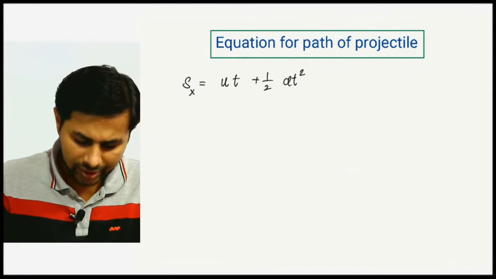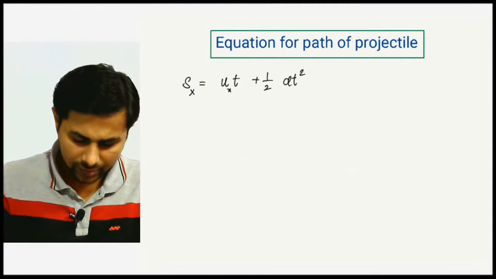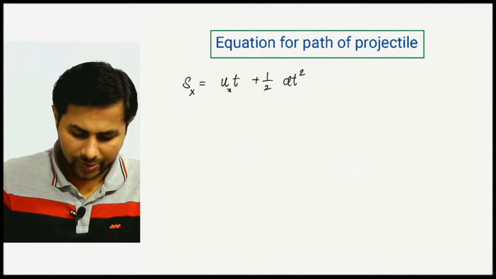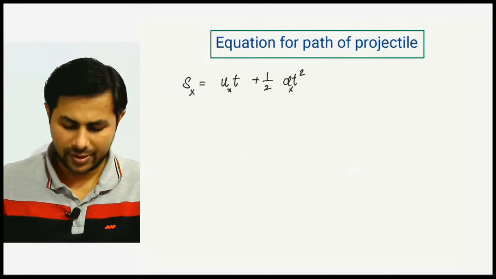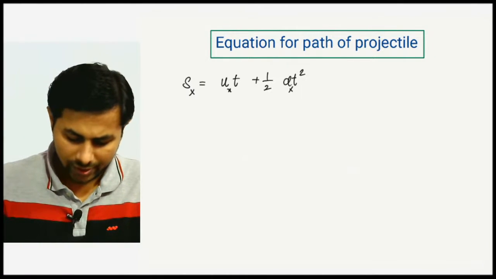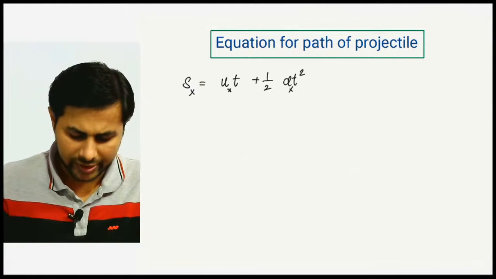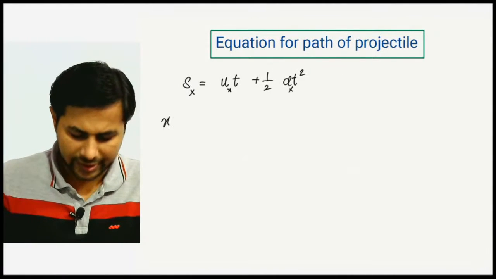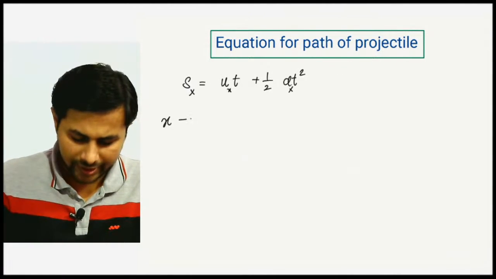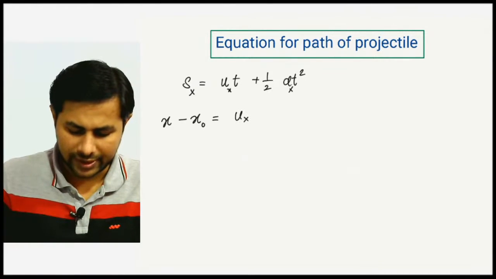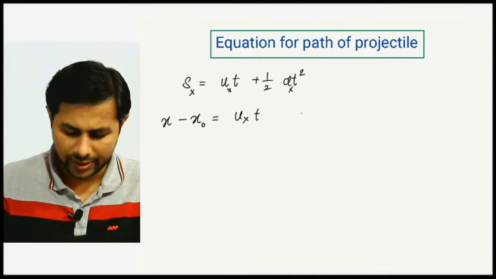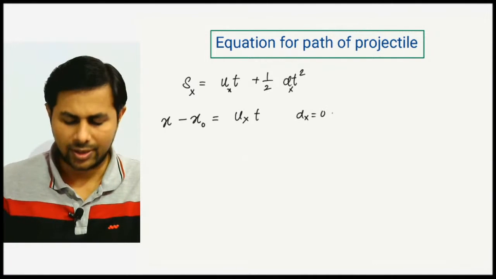So sx equals ux times t plus half of ax times t squared. And how much is ax? Since ax is 0, we can write sx, which is x at some time t minus x position at start, equals just ux times t. Okay, since there is no acceleration along the x-axis.